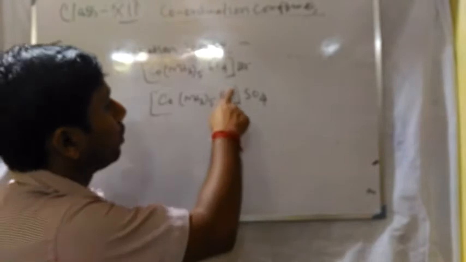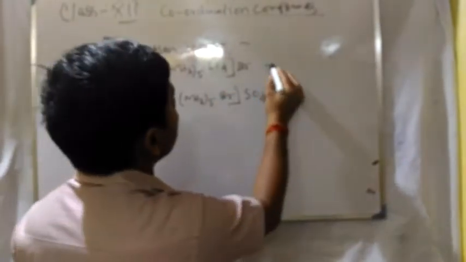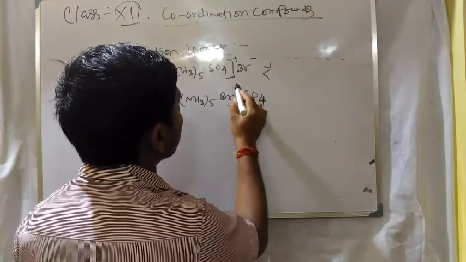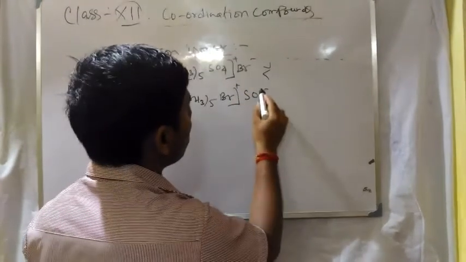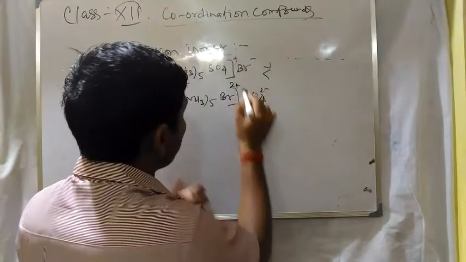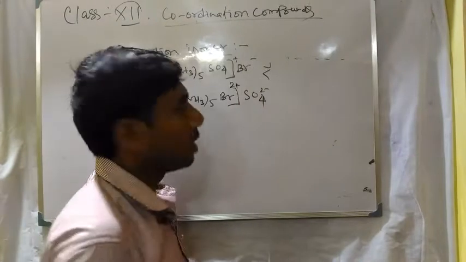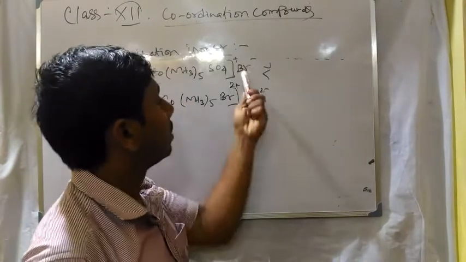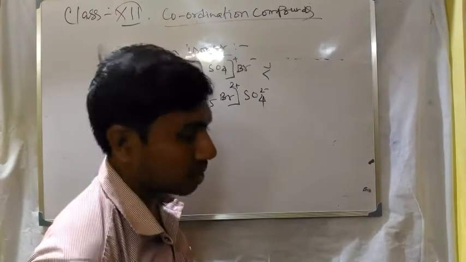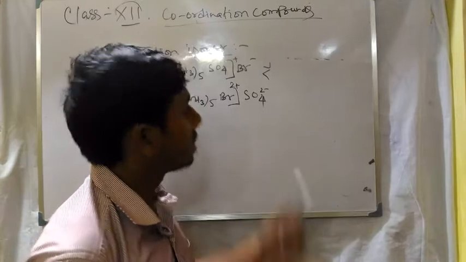What happens here: when the first one dissociates it produces this plus and this minus, and the second one dissociates to produce this 2 plus and this 2 minus. Here is the difference. In the first case the bromide ion will be a free ion, and in the second case the sulfate ion will be the free ion, and the remaining part is the complex entity.